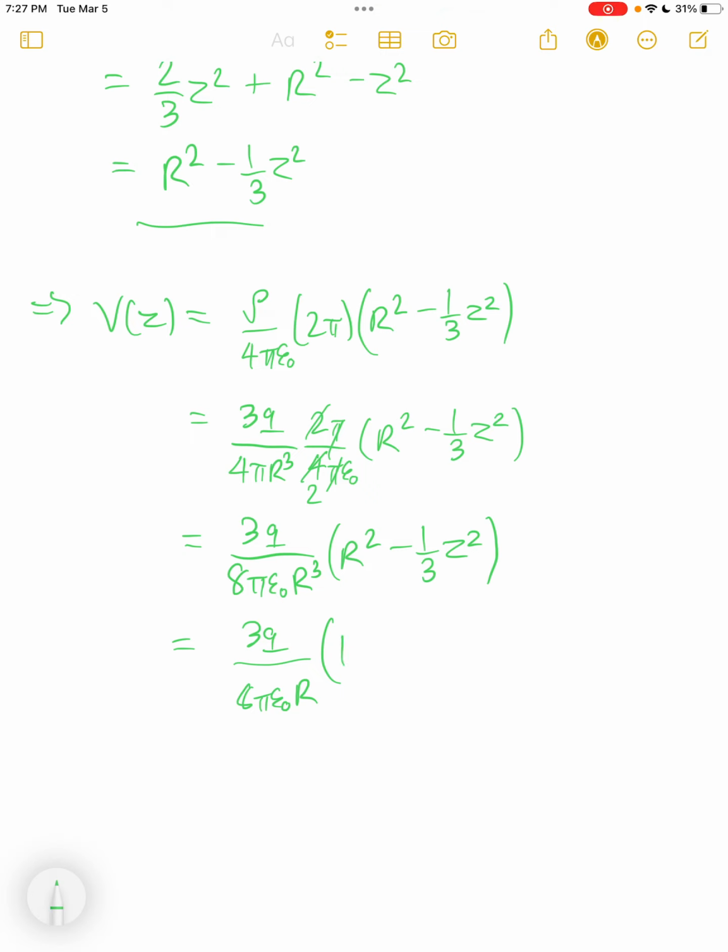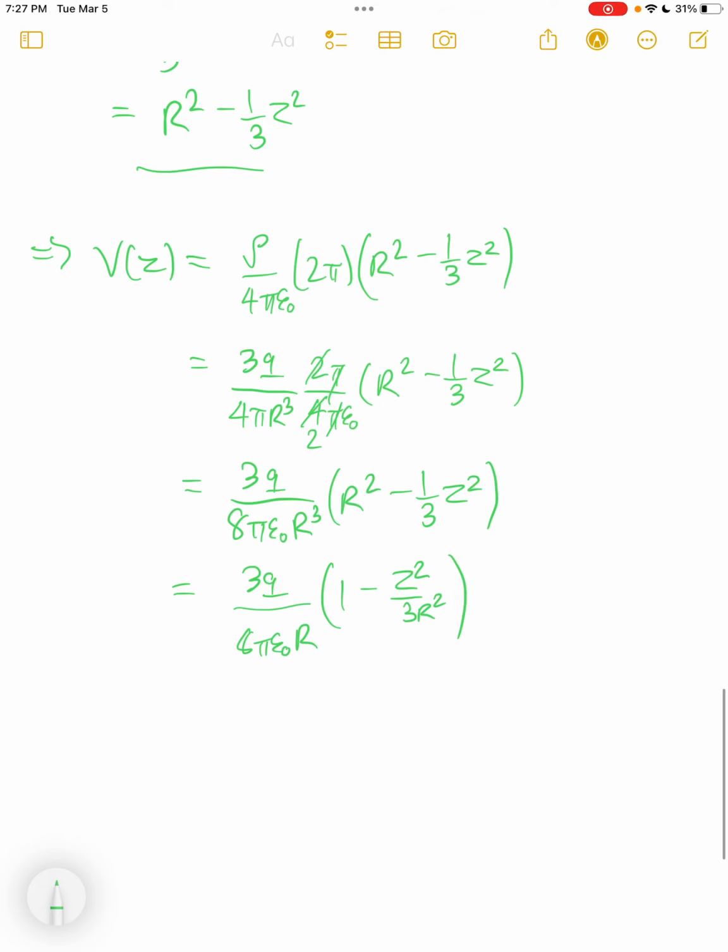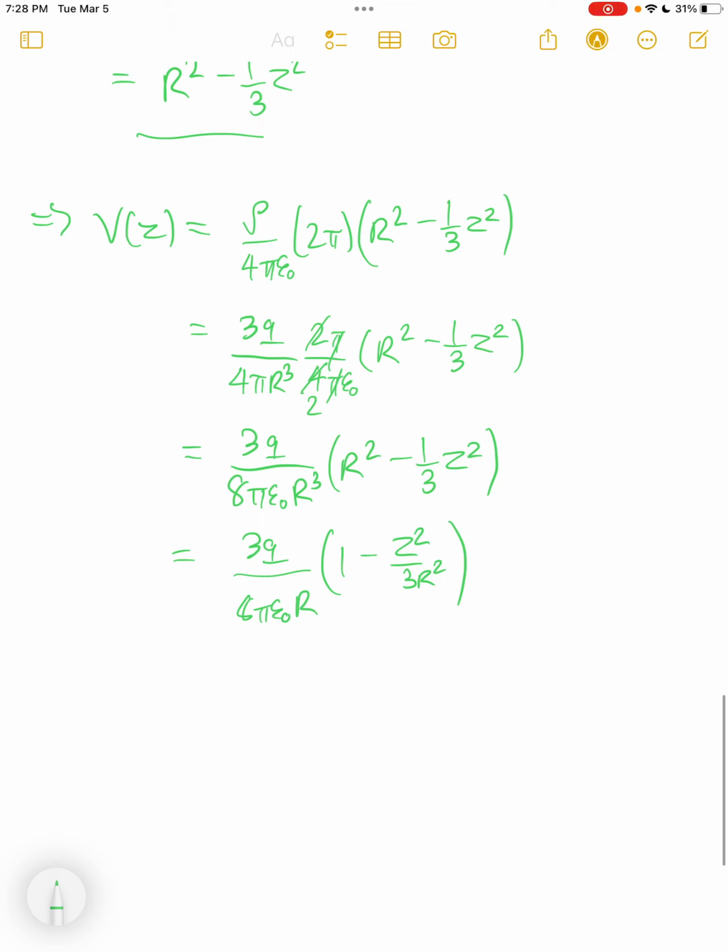And then I'd have 1 minus z squared over 3 big R squared. And now I'm going to factor out 1/3. That'll give me Q over 8 pi epsilon 0 capital R, and then here I'll have 3 minus z squared over R squared.